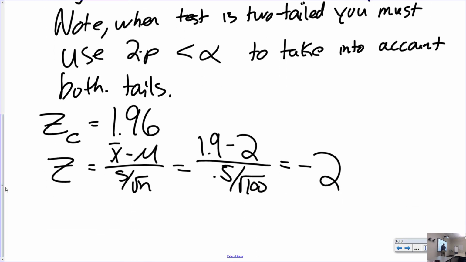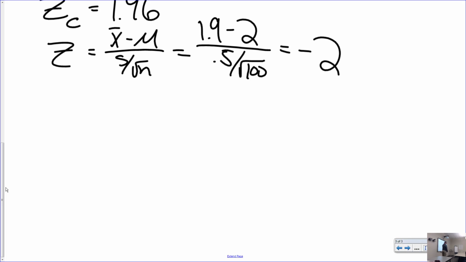Now, folks, what's the p-value for this particular sample? What was the p-score for 2.00? 0.0228 or something like that. That was the negative, same thing.